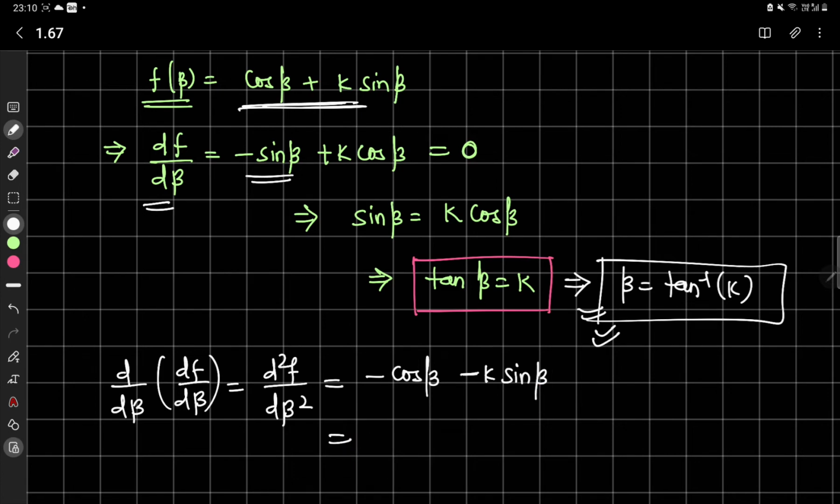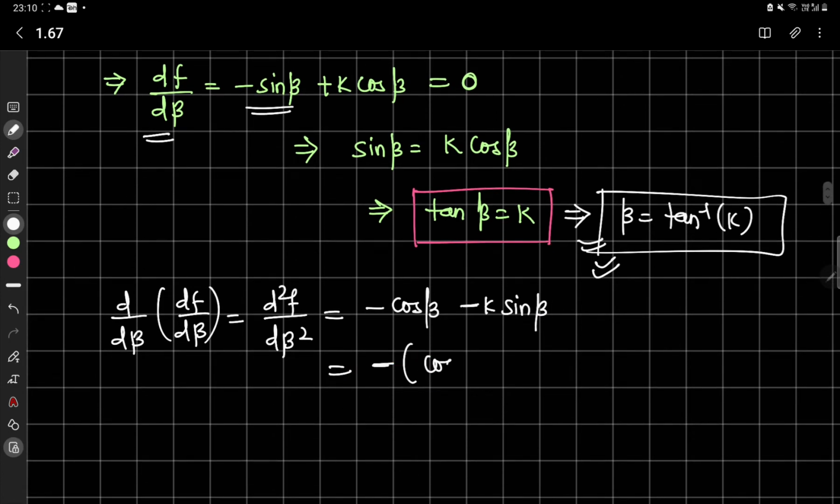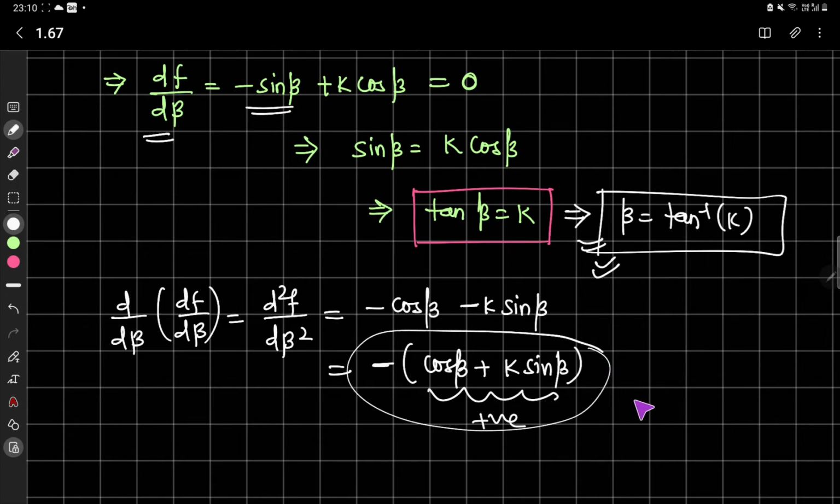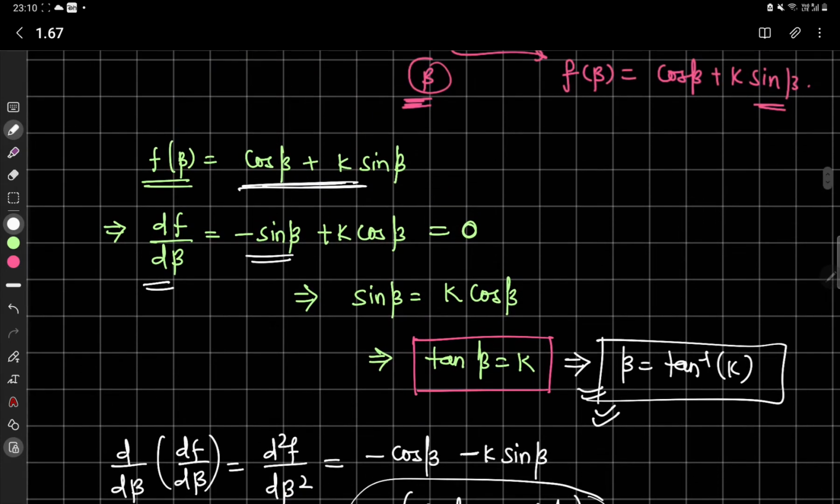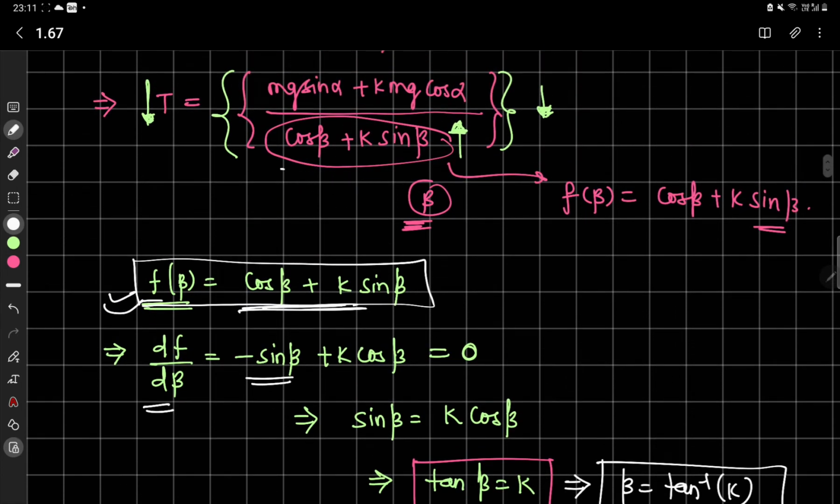So we can write it as minus of cos of beta plus k times sine of beta. This is a positive quantity, so the entire thing is a negative quantity. If d square f upon d beta square is negative, that means we are finding the maximum value of this function. If we have found the maximum value of this function, that means we will get the minimum value of this tension force.